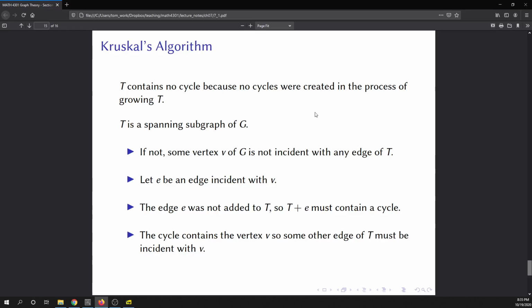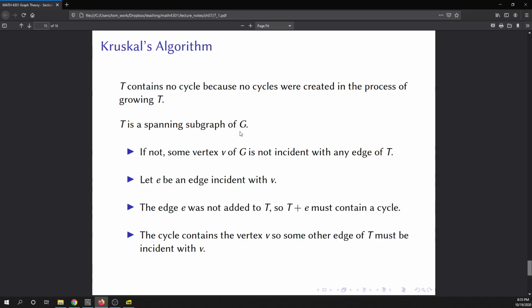If an edge is going to create a cycle, we just skip it and move on to the next one. Okay, so there's no cycles. That's pretty straightforward. So next is that T is a spanning subgraph of G. So therefore it has to contain all of the vertices of G.